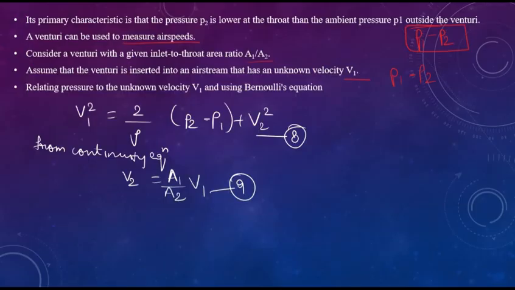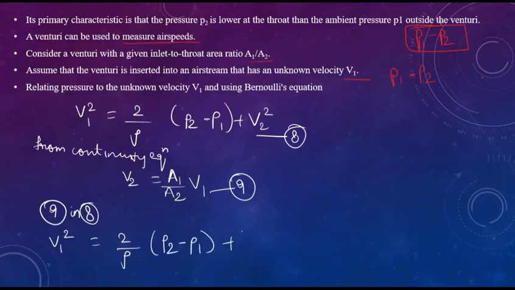If I substitute equation 9 in equation 8, what do we get? V1 squared as 2 by rho (P2 minus P1) plus (A1 by A2) whole squared into V1 squared. Now the task is to solve for V1.